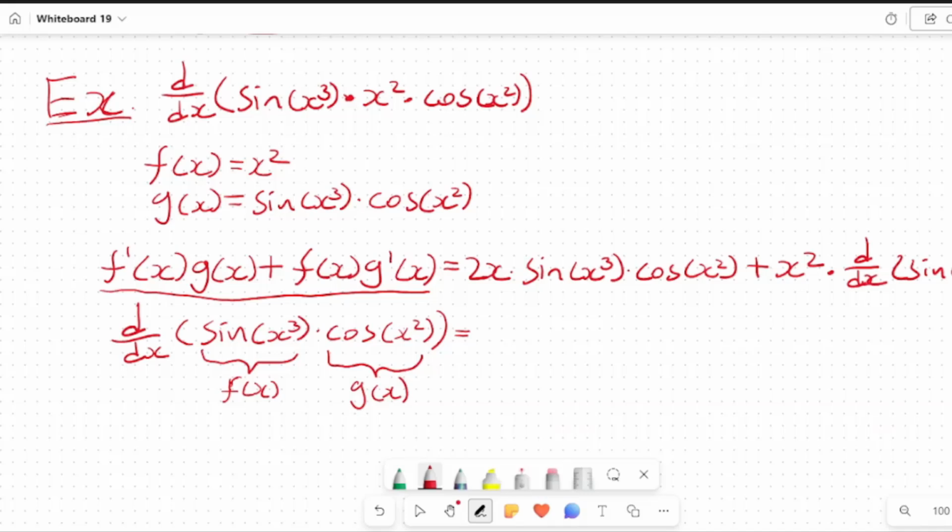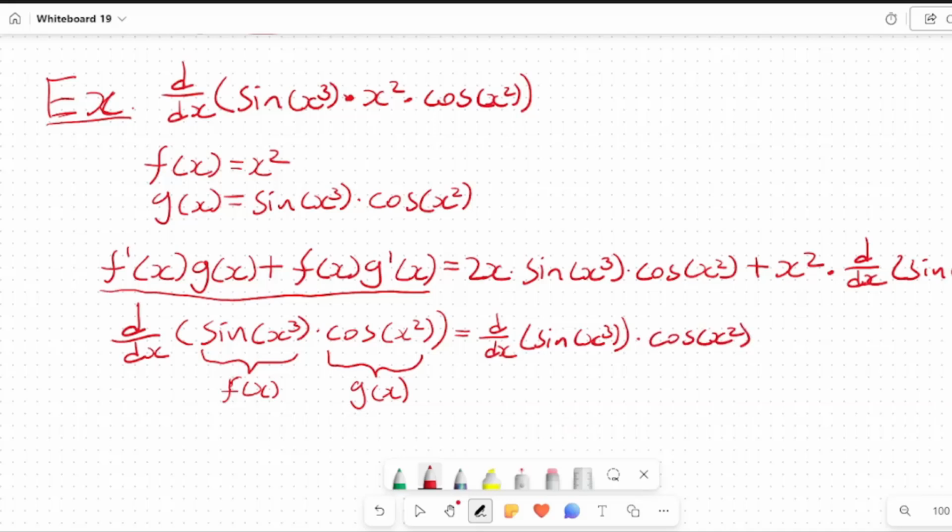So the derivative of sine of x cubed, and we have g of x, so that's going to be times the cosine of x squared.